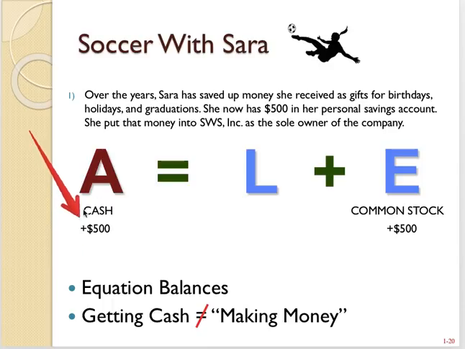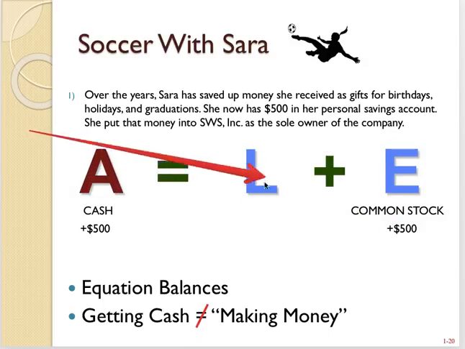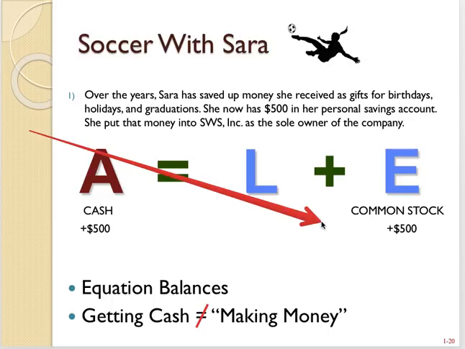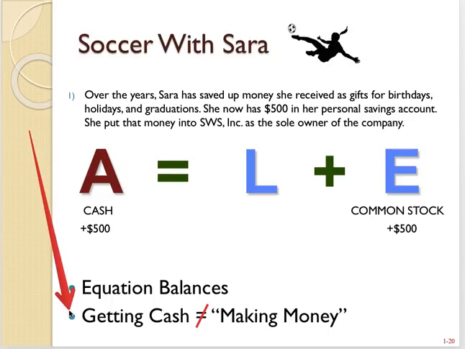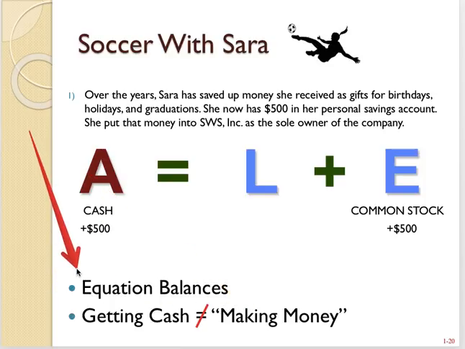We have plus 500 on the asset side, and that equals plus 500 on the other side, liabilities and equity. But again, we see that we've gotten cash, but we haven't made money. The business did not do anything. They did not provide any goods or services to earn this cash. Rather, Sarah was the one who put it in so that she could become an owner, to increase her ownership in the business. So we definitely, again, want to separate that concept of cash being equal to making money.